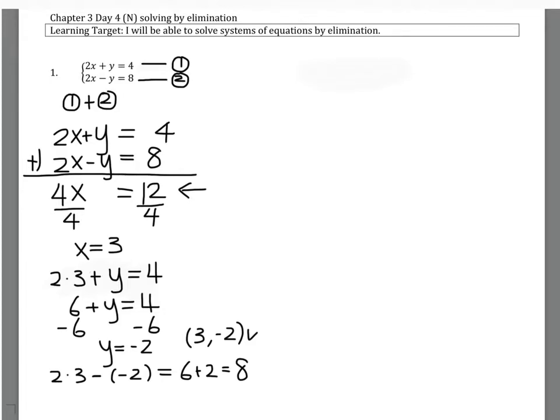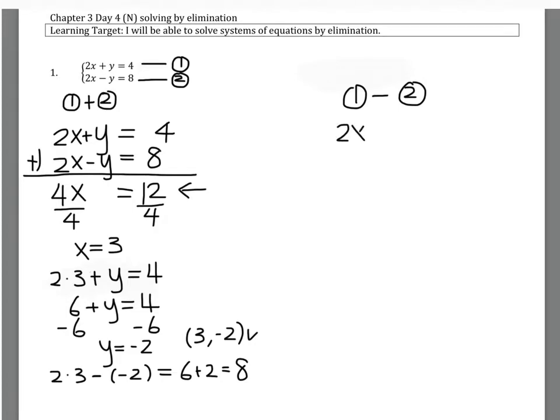By noticing that the coefficient of y is 1 in the first equation and negative 1 in the second one, I add them together. That's method 1. How about if I take the first equation and subtract the second equation? Notice that this time I'm subtracting.